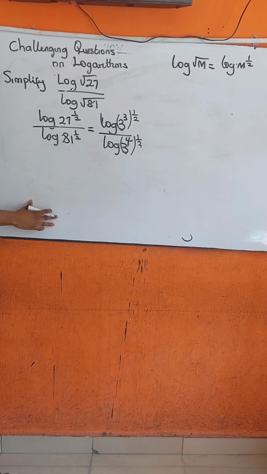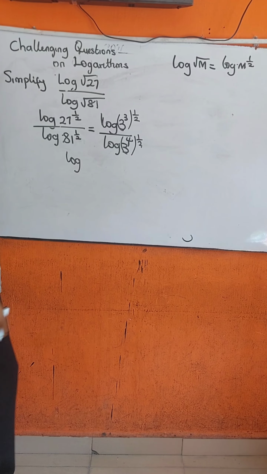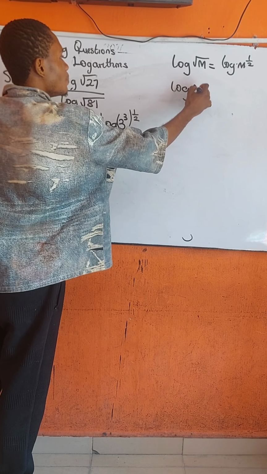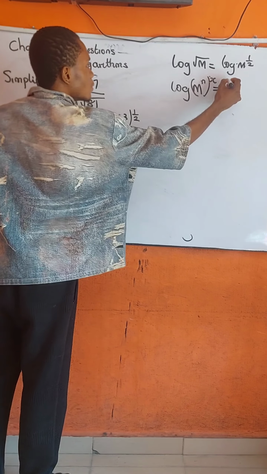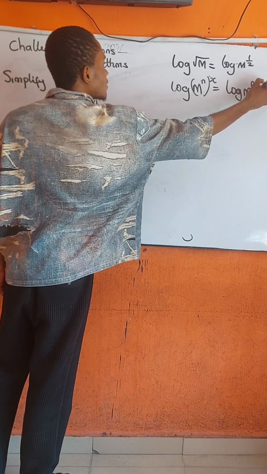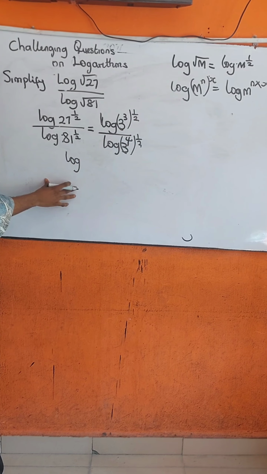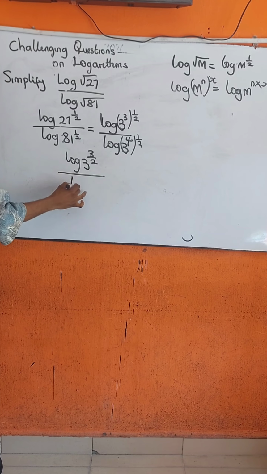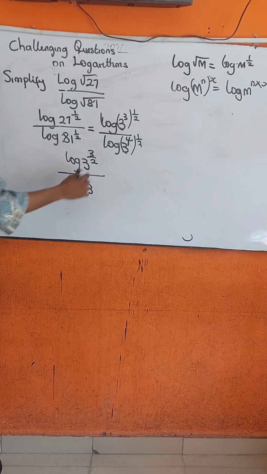To further simplify, let's look at the rule that states log m raised to the power n, raised to the power x, is equal to log m raised to n times x. So we multiply the two powers. We have log 3 raised to the power 3 over 2 over log 3 raised to the power 2.